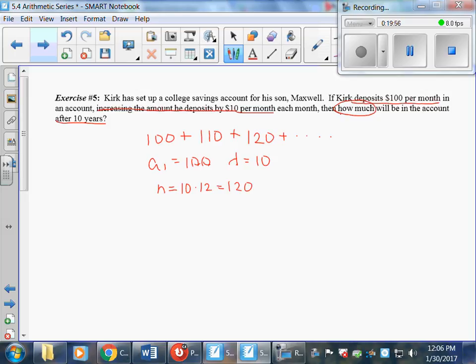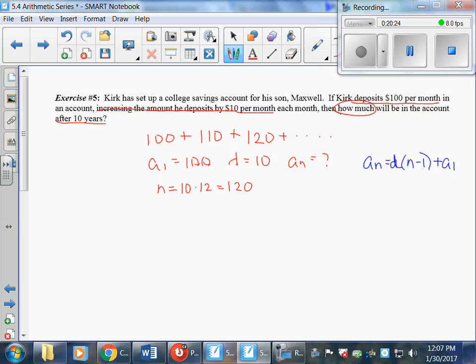A little common sense once in a while. So what do we need to know? We need to know what a sub n is. Let's go off to the side and figure it out. Who remembers the formula? a sub n is equal to d times (n minus 1) plus a sub 1.